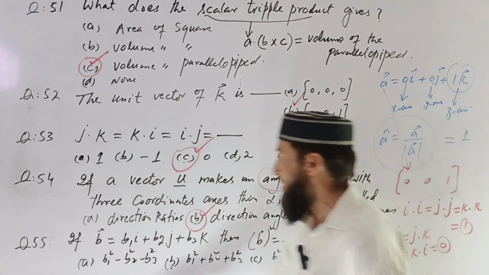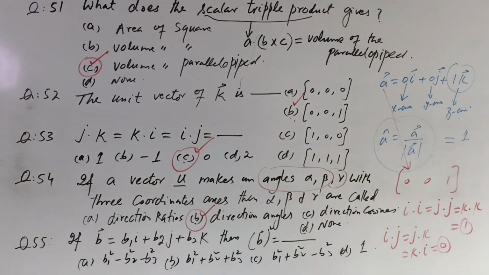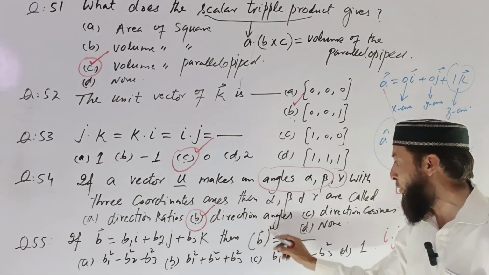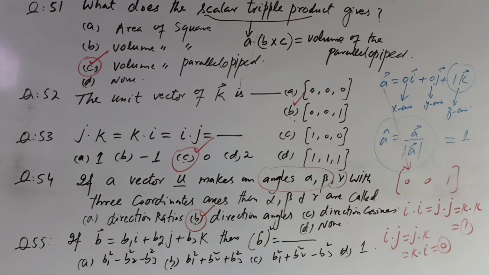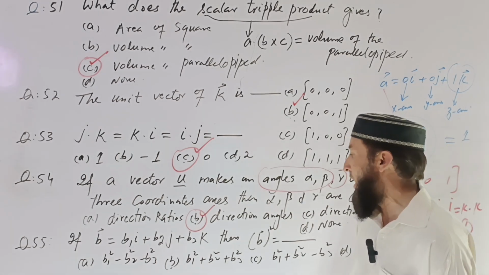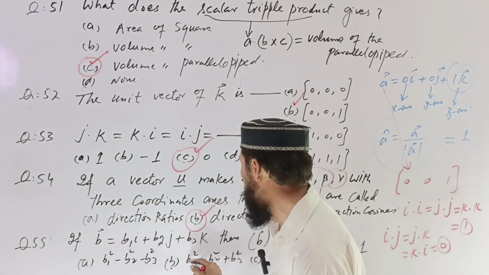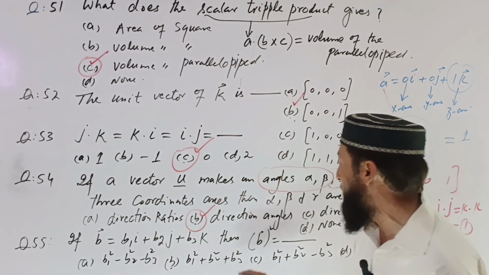Similarly, the last question: if b is equal to b1 i, b2 j and b3 k, then what is b square? If we take b dot b, this result will be b1 square plus b2 square plus b3 square.